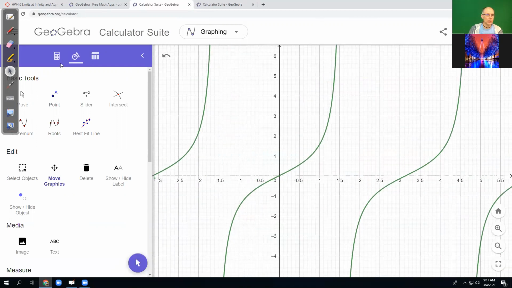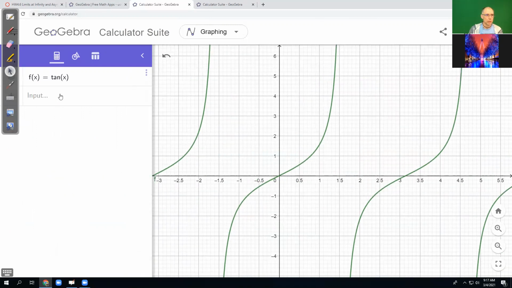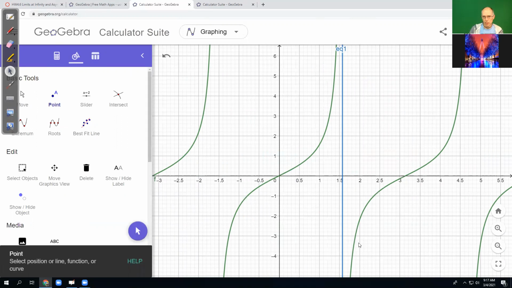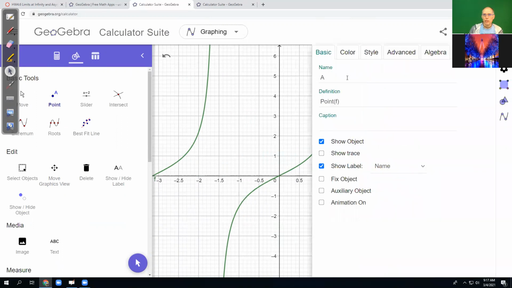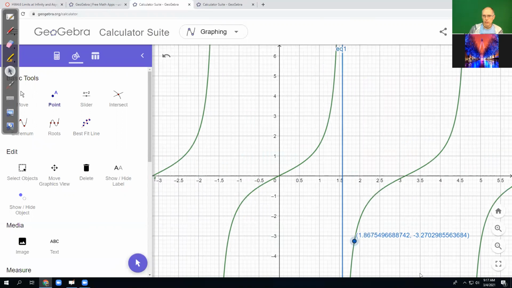Maybe there. And then I'm curious about x equals pi over 2. And I'm on the right side of that, so I have points over here. So let's throw a point on there. And show the value of the point.